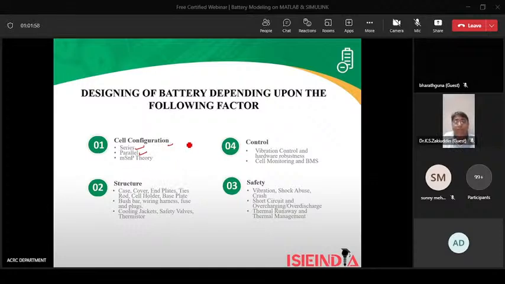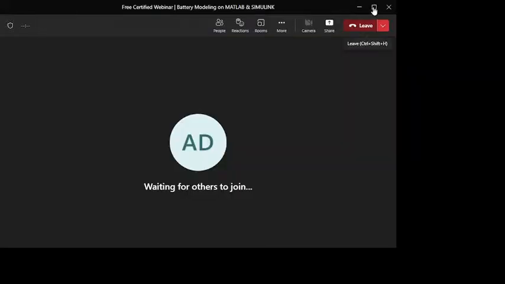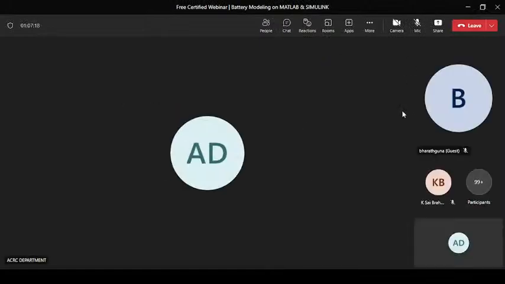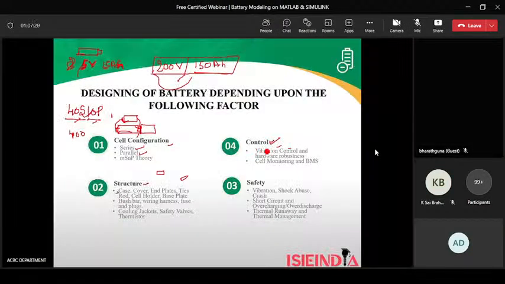Talking about the series combination, let's suppose this is the battery, this is the positive terminal, and this is the negative terminal. In series combination, the control part is also very important. According to that, the battery pack is designed.